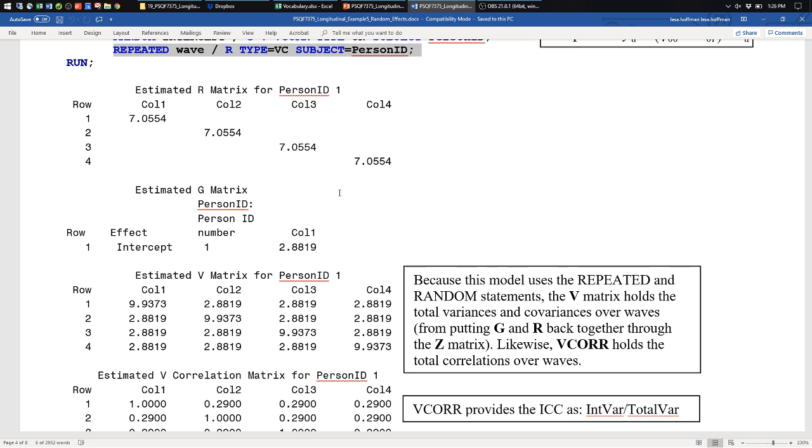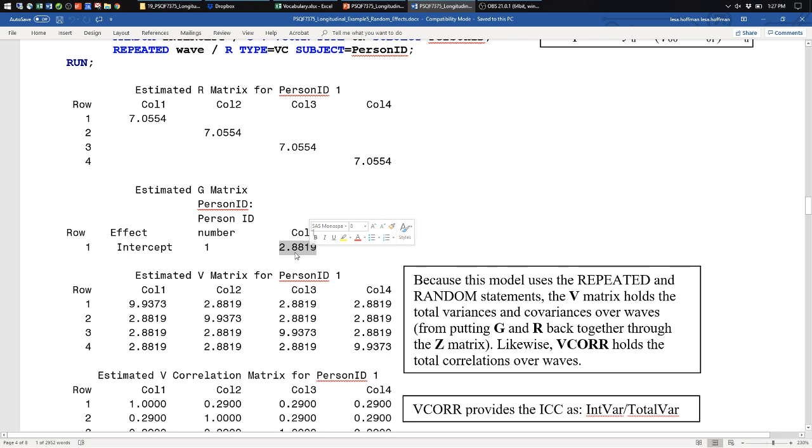The only reason that they would have been related is now over here in G. And this 2.88 number, what's that thing? Random intercept variance, yes.